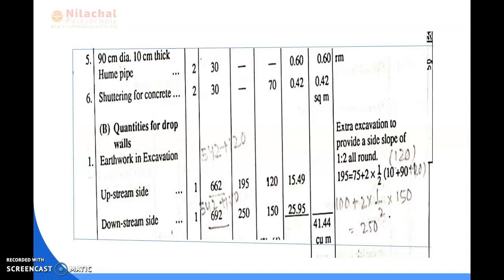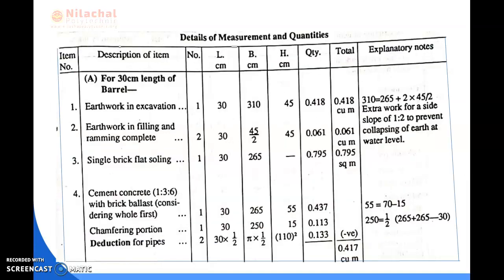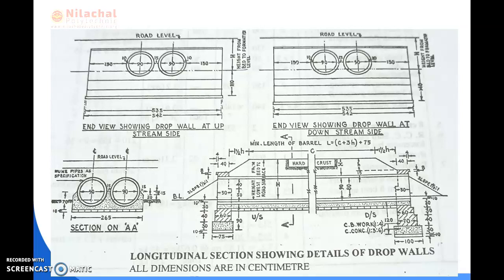Here the length of the drop well is given. First we consider the upstream side drop well. In the end view showing the drop well at upstream side, we can find the length from this side. The length of the drop well is 542, right?